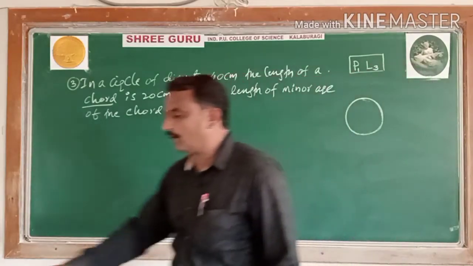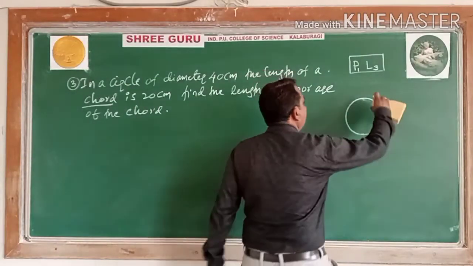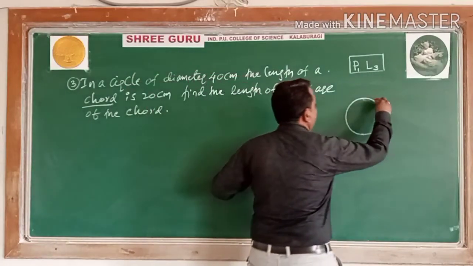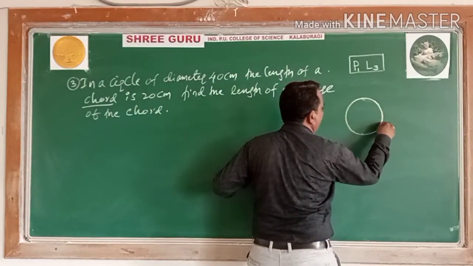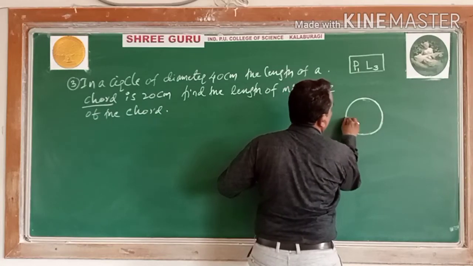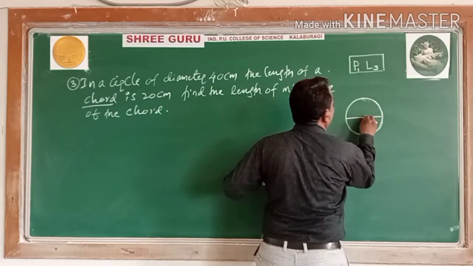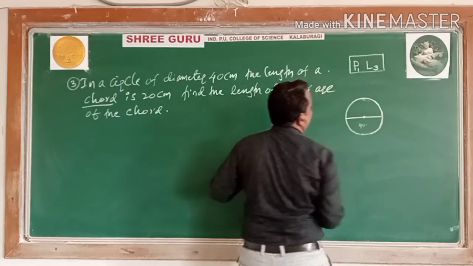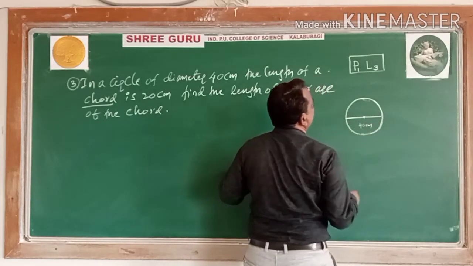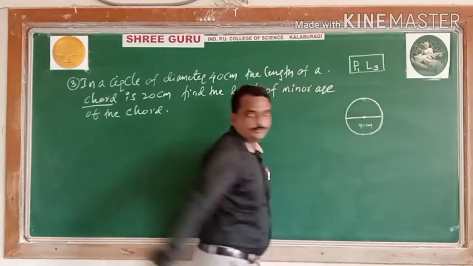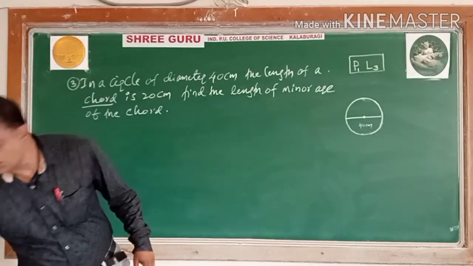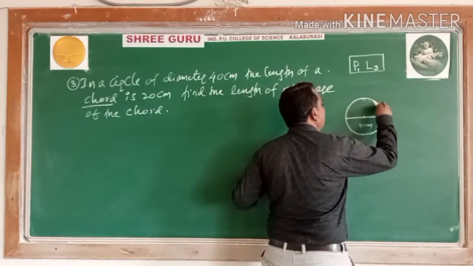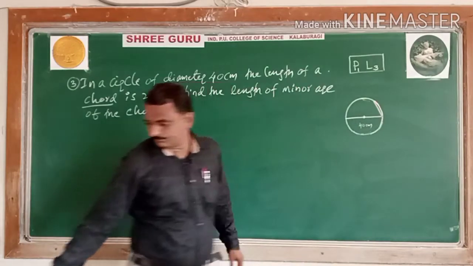See, students, here I will draw the circle. This is a circle of diameter 40 centimeter, with the center of the circle. Let us draw the chord. Shall I draw the chord like that, students? Yes, this is the chord.